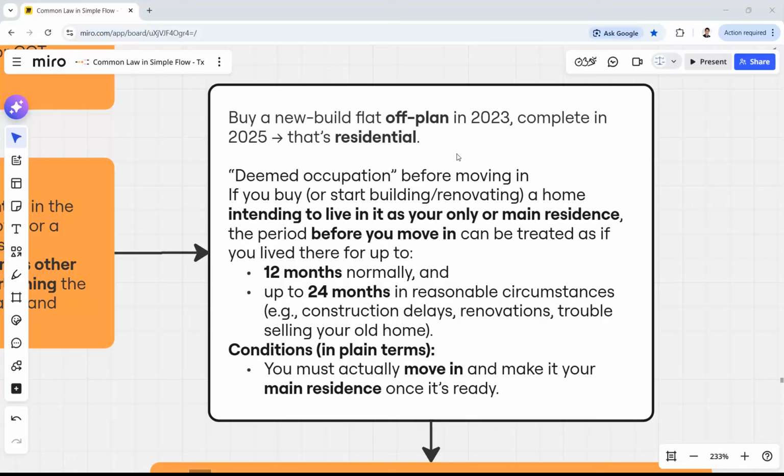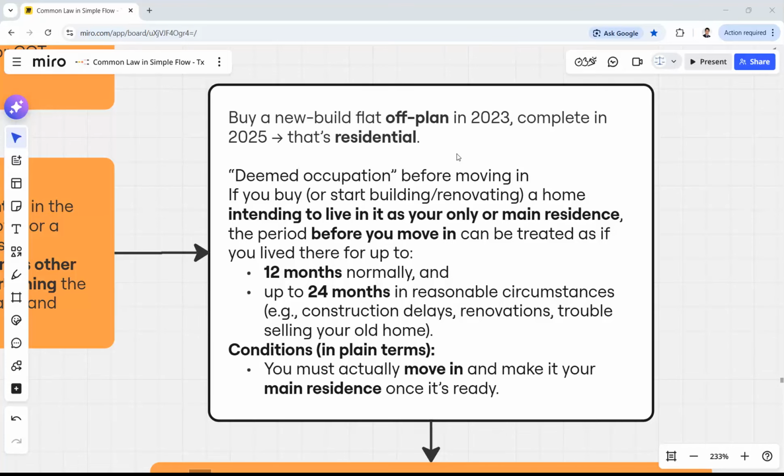So let's just understand: deemed occupation is when you are building a home or renovating it. You don't live there, but your main purpose is that after the renovations are over, you will live there. And the first 12 months will be considered as if you have actually lived there, although you were not living there. So it's called deemed occupation.